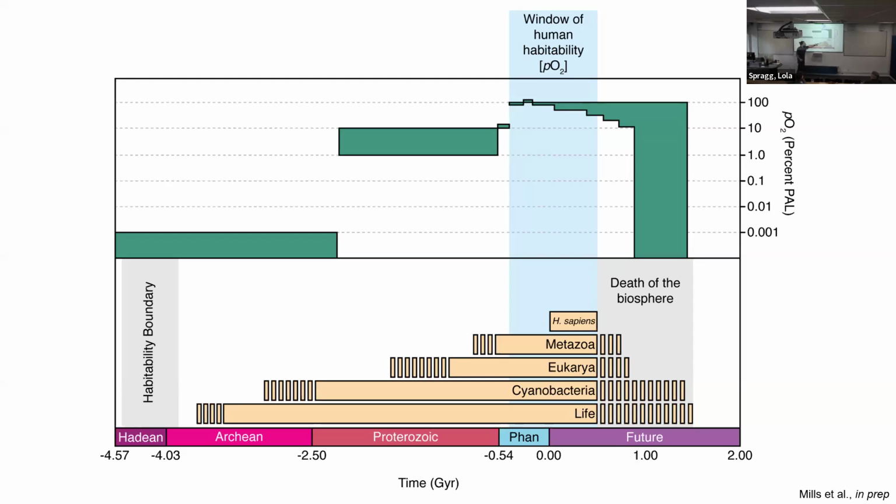So it could be that all of these different groups neatly appeared as soon as they could within their respective habitability windows, defined by all these different environmental metrics. Another thing to point out: for humans, not only did we need animals or eukaryotes to evolve in the past, we need the continued existence of all of these groups. So the human habitability window also necessarily has to overlap with the animal window, the eukaryote window, the cyanobacteria window, and the life window.